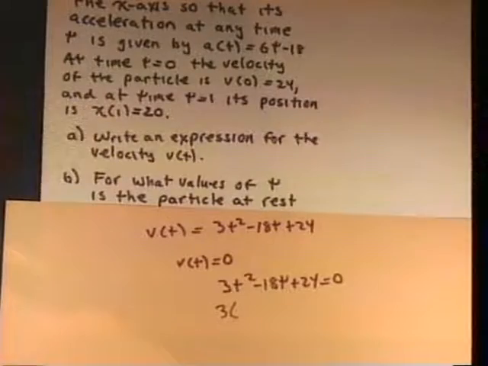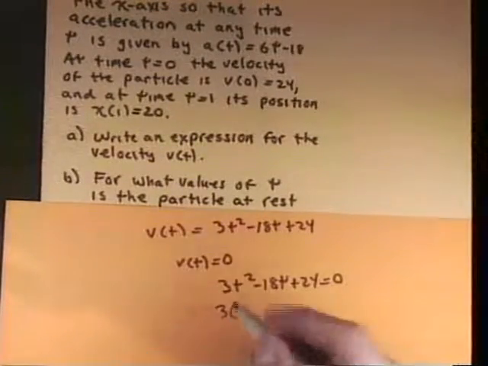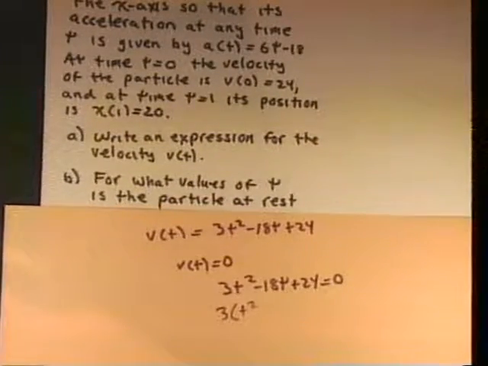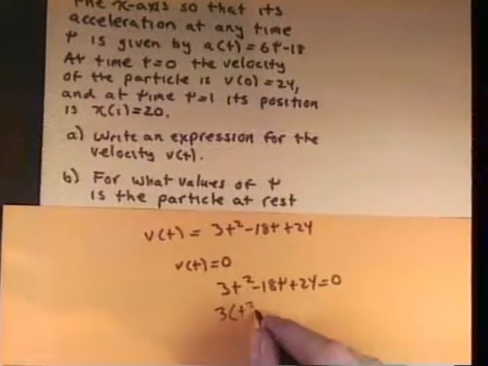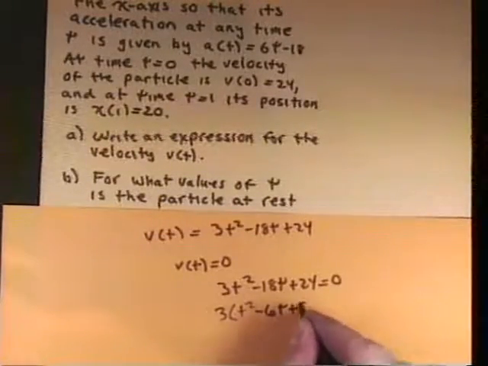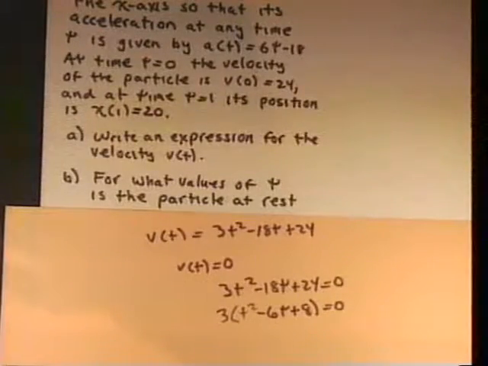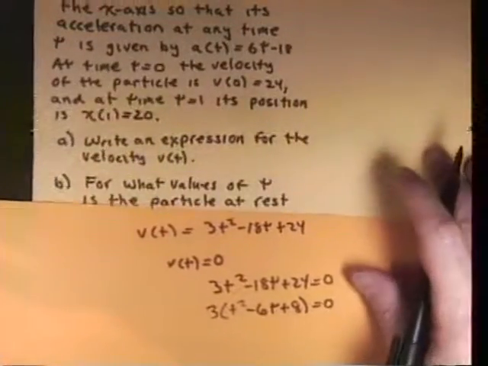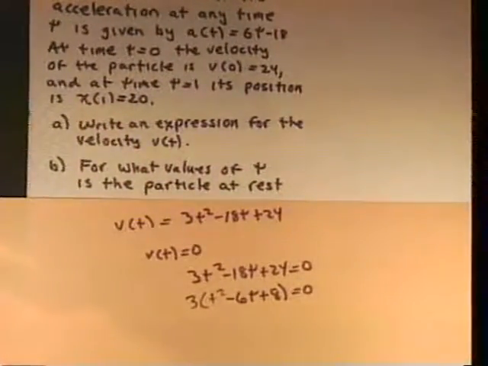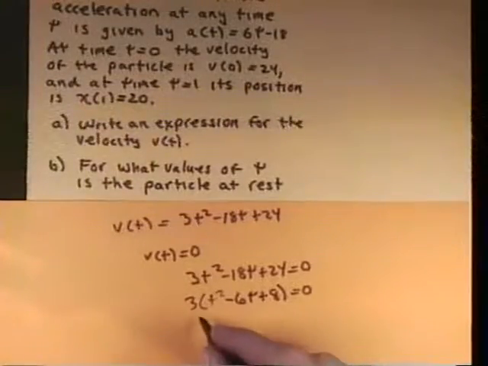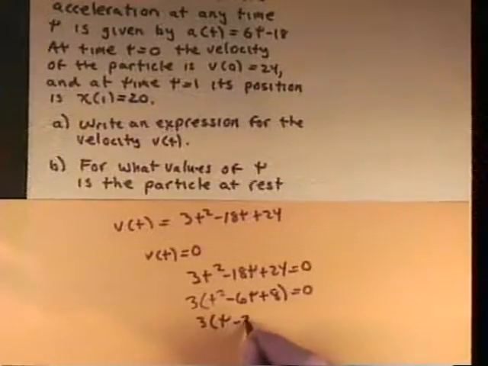So it's going to be 3 times the quantity t squared minus 6t plus 8, equals 0. Now when you factor, it's going to be t minus 2 and t minus 4. There we go. Excellent.